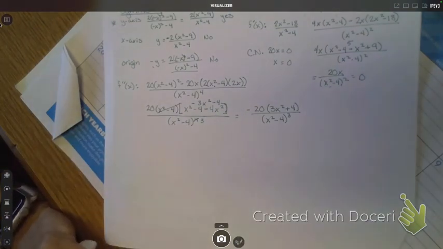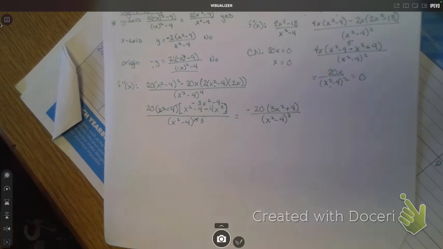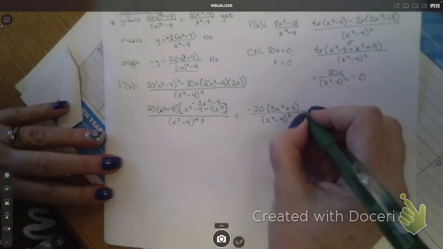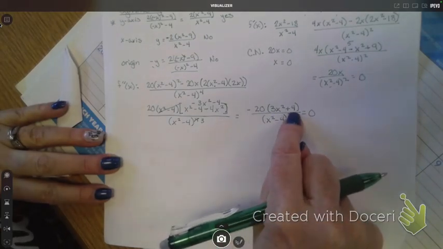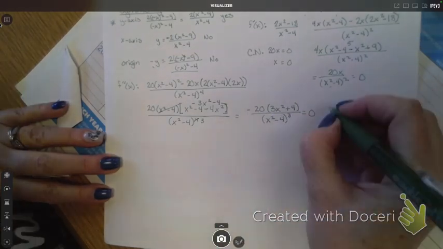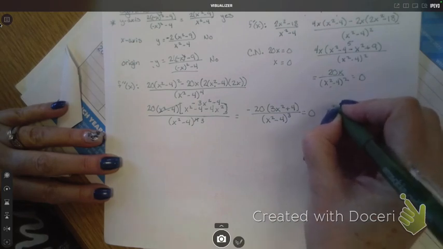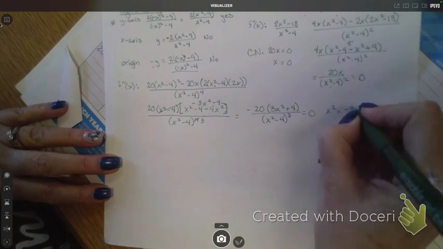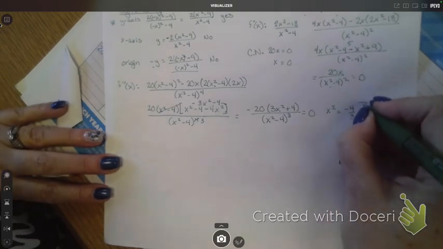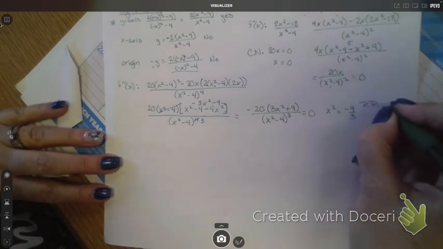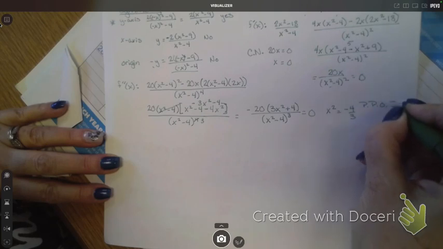Okay? So now I set that equal to 0. And then it's just going to be this 3x squared, correct? Yeah. So it would be x squared equals negative 4 over 3. And this is the possible points of inflection, right?